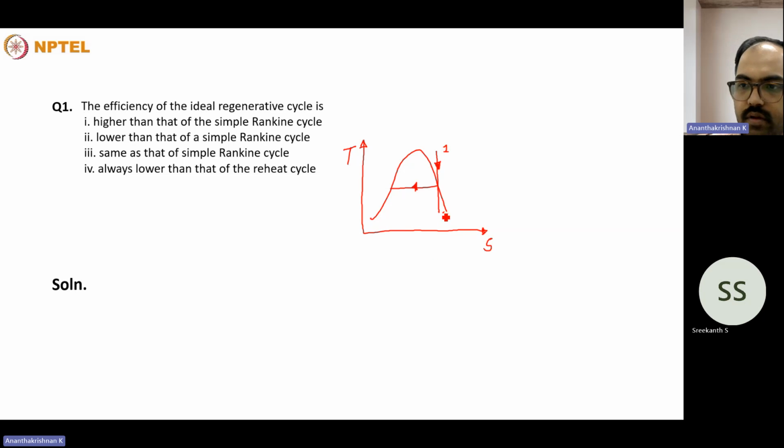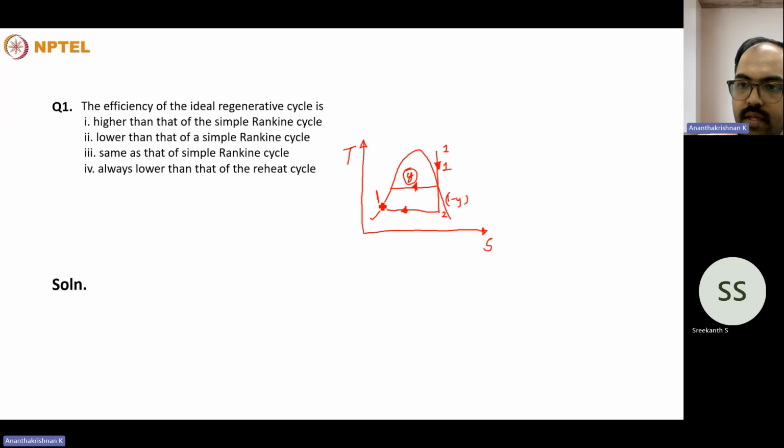The portion of the steam that remains after the bleeding will be condensed in the condenser. If you denote the total steam as 1, the fraction y will be bled out of the high pressure turbine, and the remaining is expanded in the low pressure turbine, which will be termed 1 minus y.